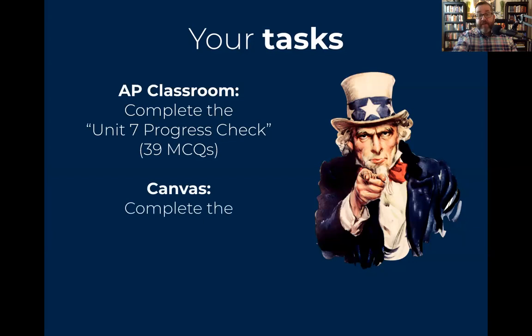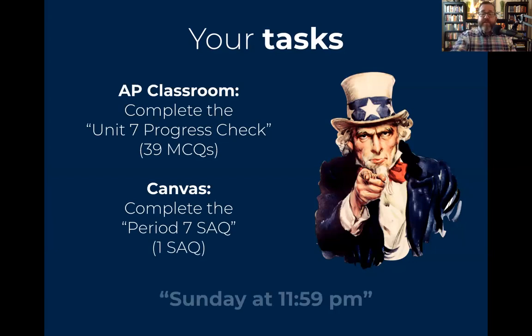And then on Canvas, I'd like you to complete the only SAQ we have for period 7, and you'll find that on your Canvas account already assigned. Both of these will be due, and I put that in quotation marks, on Sunday at 11:59. That due is very soft. Again, I do not know how these will be extracted into the grade book. We haven't been given direction on grading just yet for the sixth 6 weeks.